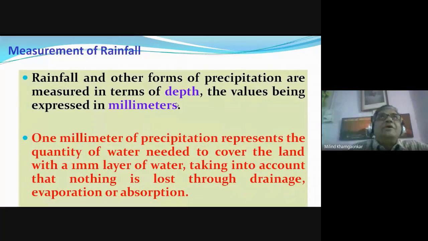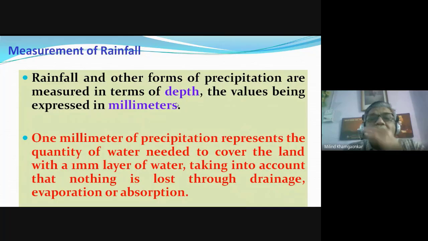Now the measurement of rainfall. As all these hydrological cycle and hydrological events are very important for us from the point of view of the design of hydraulic structures, therefore there is a necessity to measure the rainfall, how much precipitation has occurred.